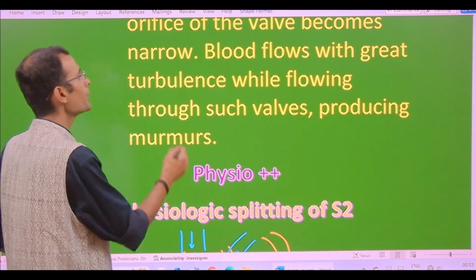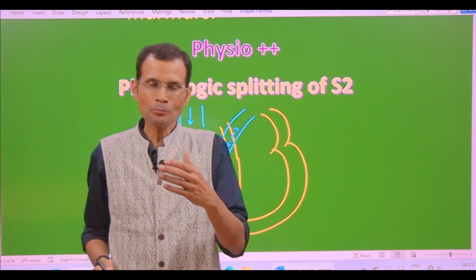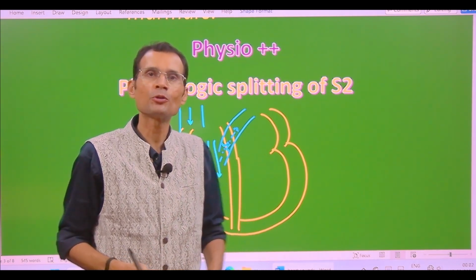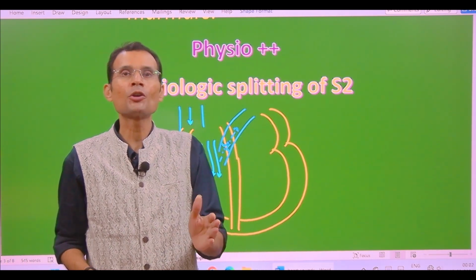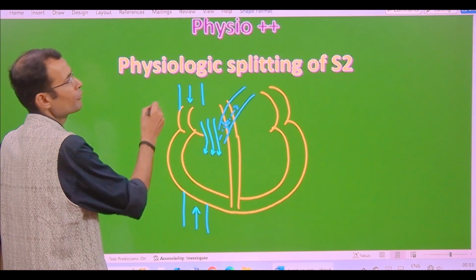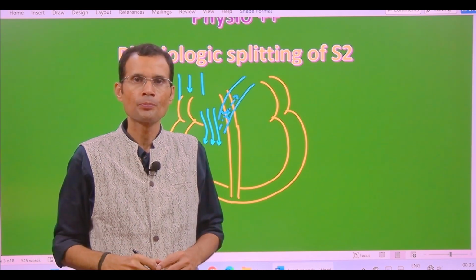That's the clinical application. And finally, as we have added the Physio plus plus feature in all our videos, what could be the Physio plus plus? If you add this in your answers, you are going to get extra marks. So for this video, I'm taking splitting of S2.